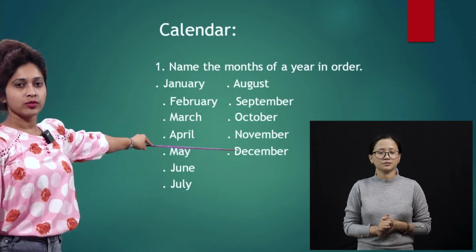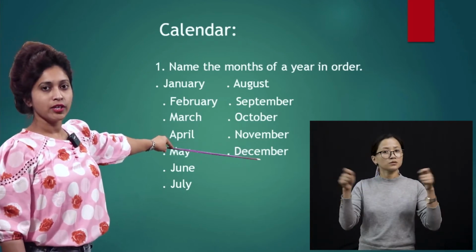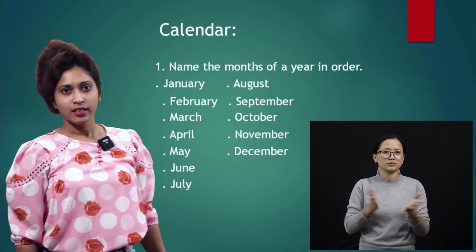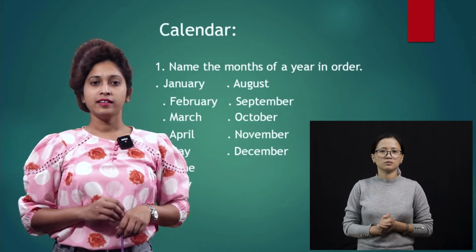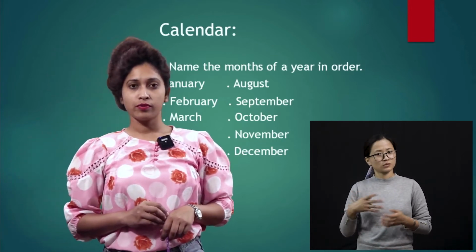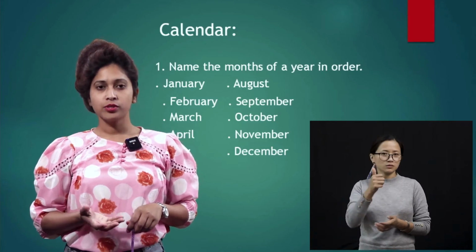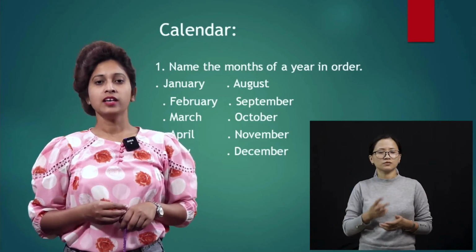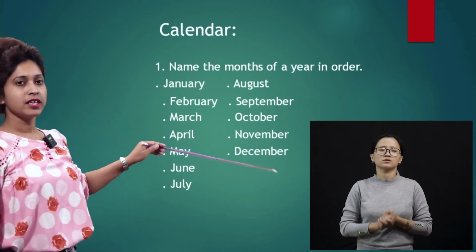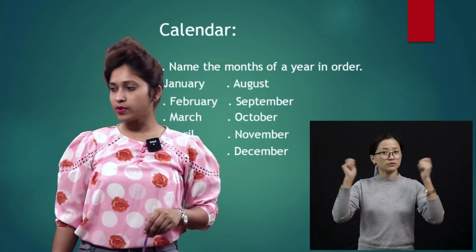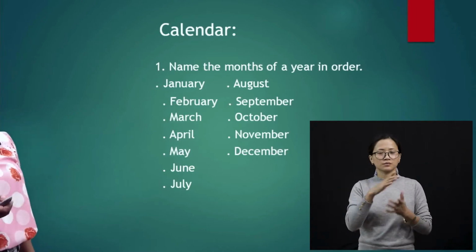December 25th you celebrate as Christmas, right? Every year you get so excited for Christmas to come early, right? And then you get new dresses from your parents, then you eat very good varieties of food, you visit your relatives, right? So these kinds of things take place during the festive season, right? Okay, this is about the months of a year.